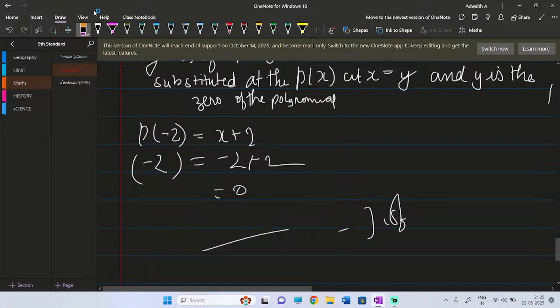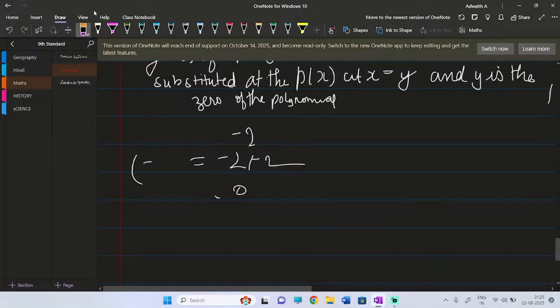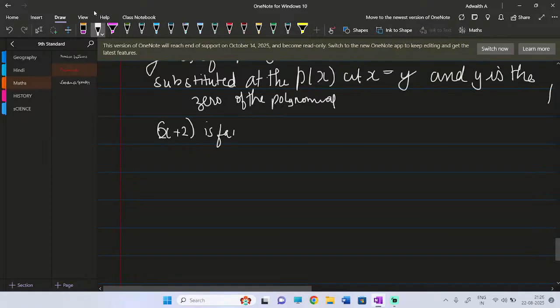I don't know if your school asks you to write the factors; if they don't ask, then no need, but most schools require you to write the factors. When you write x plus 2 is a factor of p of x at x equal to negative 2, if you get negative 2, then the factor is x plus 2, and for positive 2 it is x minus 2.